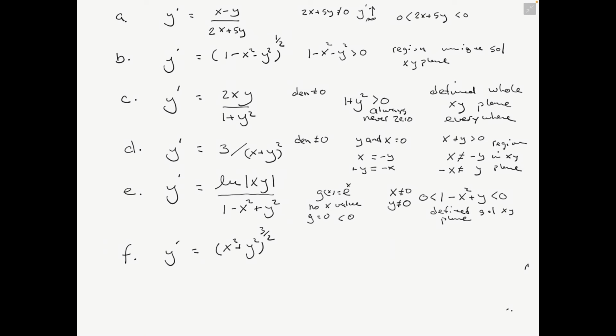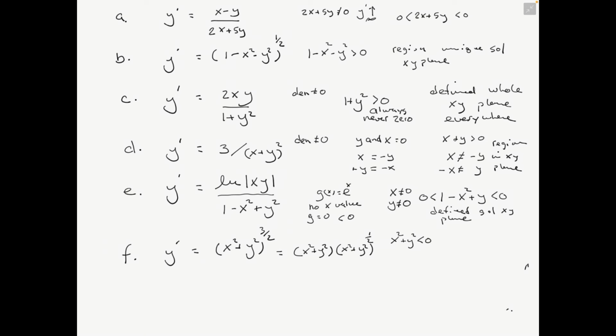And finally, the last one, we can see that that's times x squared plus y squared to the 1/2. And we can't have an argument x squared plus y squared less than 0.